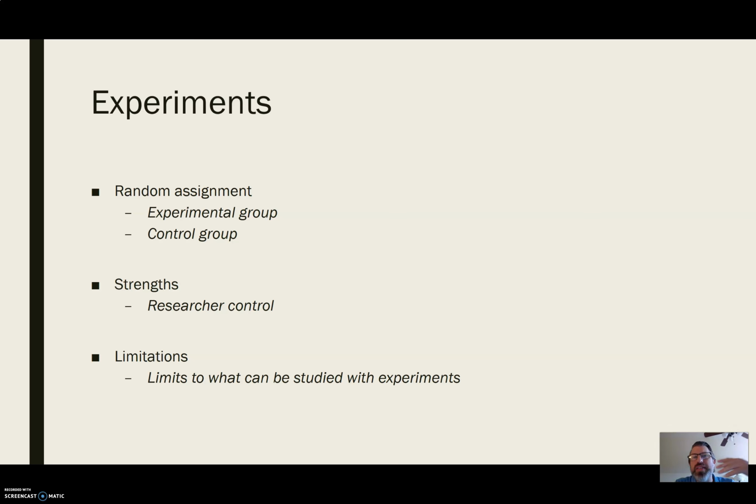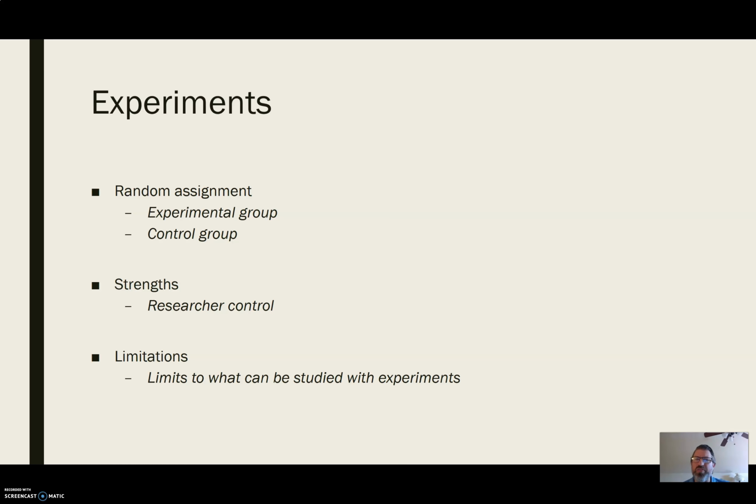Well, you can randomly assign people living in poverty to receive food stamps or to not, or to receive perhaps a greater amount of food stamps than not, and see whether or not over the course of the next couple of years they're more likely to get out of poverty. Right? This could be one way you could answer a kind of question about poverty using the experimental method.